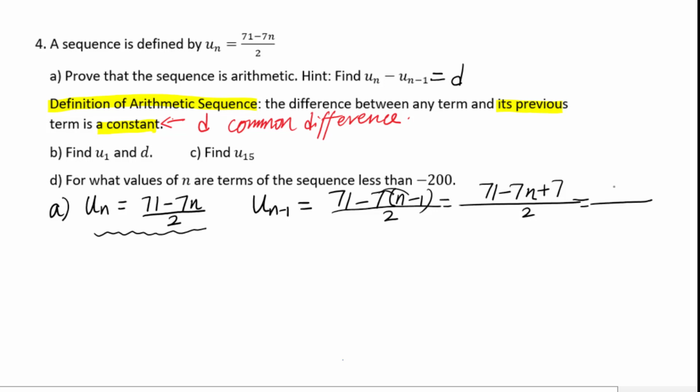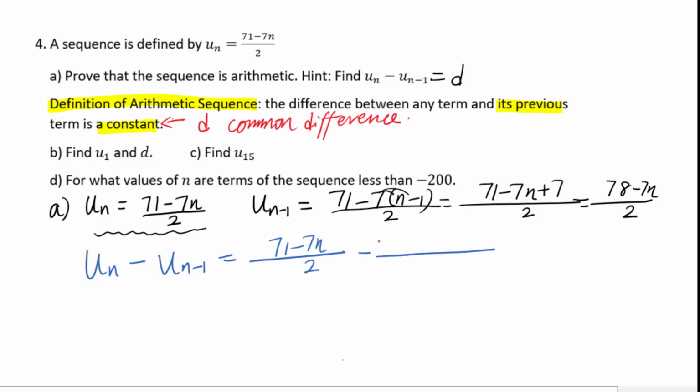equals (78 minus 7n) over 2. Therefore, u sub n minus u sub n minus 1 equals (71 minus 7n) over 2 minus (78 minus 7n) over 2.